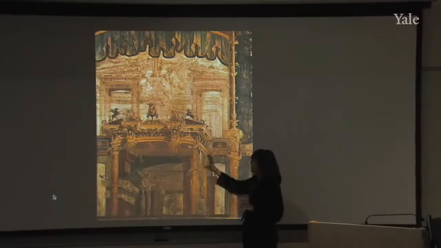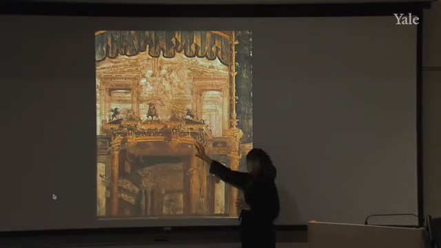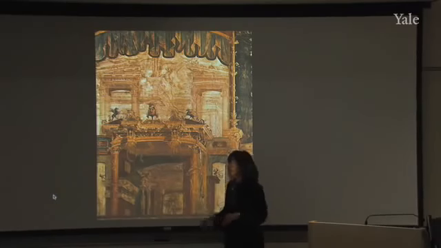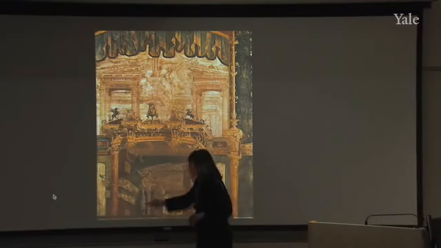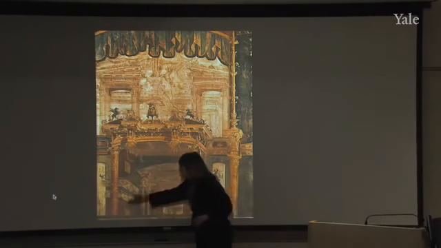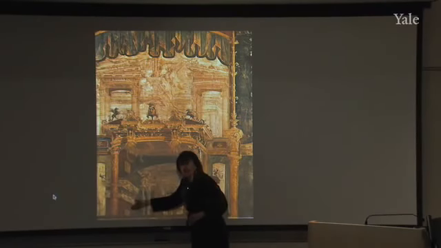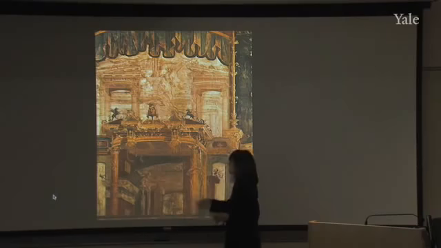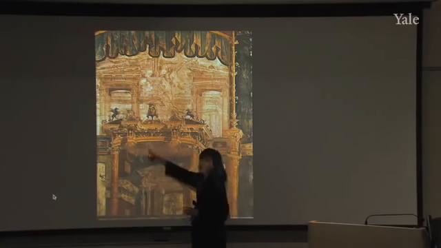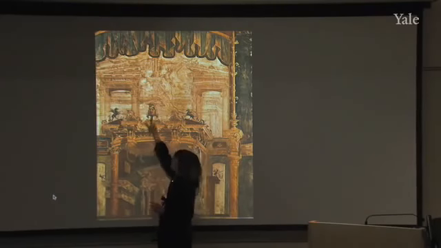It's clear that these are real columns with real capitals at the top, that those capitals project into our space. The artist has made an effort to depict recession into space as well, because you can see the way in which these piers are angled back to give one the sense that we are looking at something depicted in space. You can see the coffered ceiling up here, the projecting entablatures, the mask, which is another reference to things theatrical.